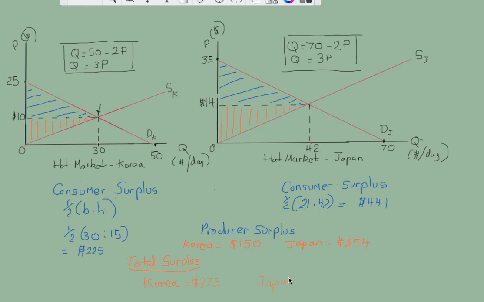We got 441, and then add 294, that's 735. So we can say this is the value of this market to Japanese market participants, and with trade, these surpluses will change, the prices will change, the surpluses will change, and we'll be able to see if Japan and Korea are better off as a result of trade.